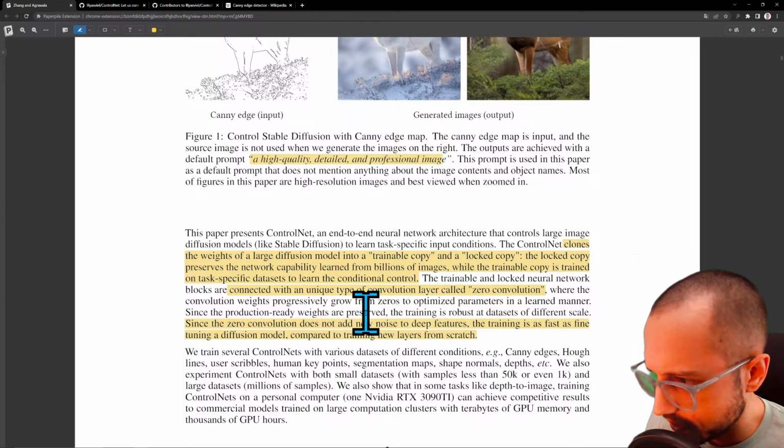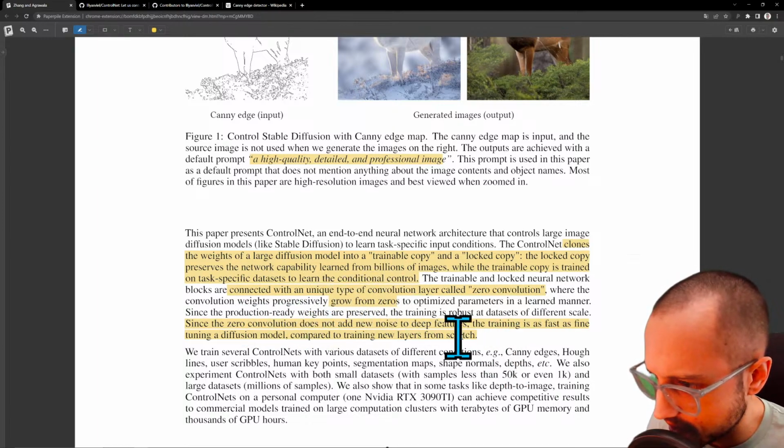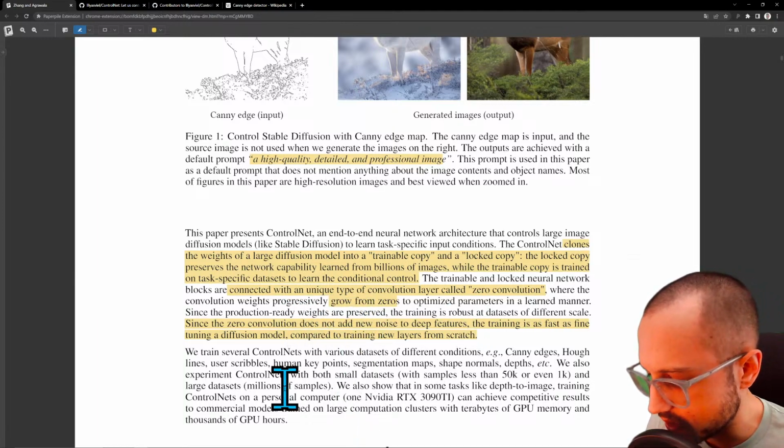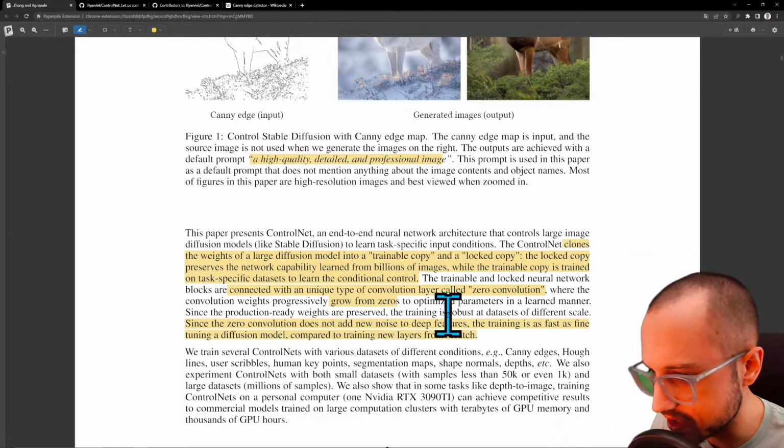But here, because they have these convolutional layers that they're calling zero convolution, they start from zeros. So they grow from zero, which means that you don't need to push as many gradients, because you're not trying to overwrite the noise that you would normally have if you initialized a layer with something like Xavier initialization.